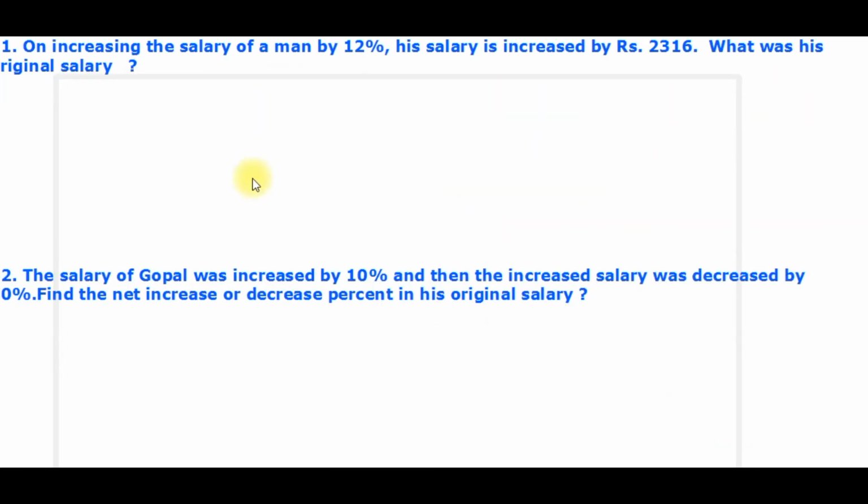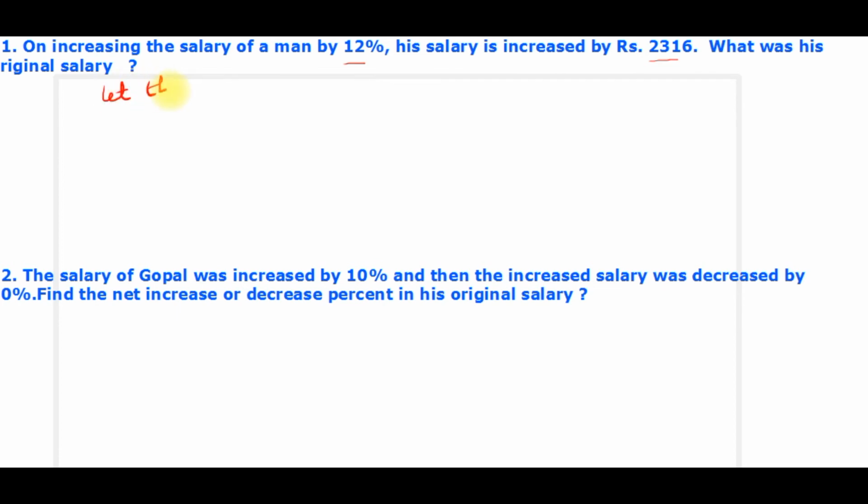On increasing the salary of a man by 12%, his salary is increased by rupees 2316. What is his original salary? Okay, right? After an increase of 12%, it becomes this.